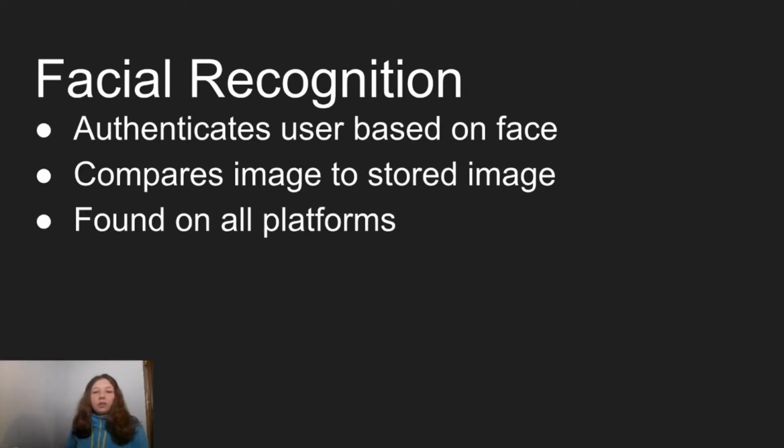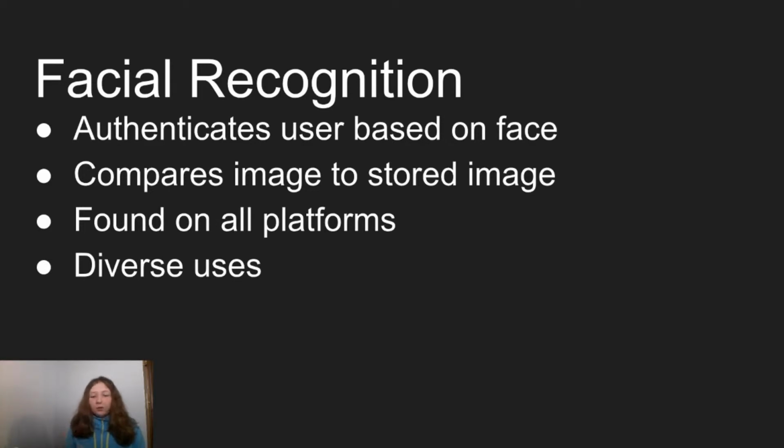Facial recognition software is found on almost every platform nowadays. There's a lot of computer facial recognition software, especially on Windows. And there's also some mobile facial recognition. And there's even physical access control devices that have facial recognition technology. For example, on certain types of card readers and badge readers and pin pads, there are also ones that have integrated facial recognition.